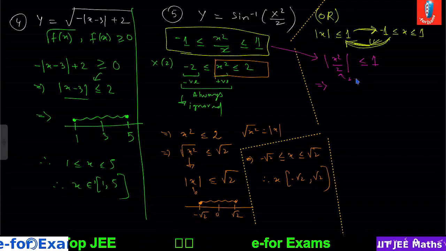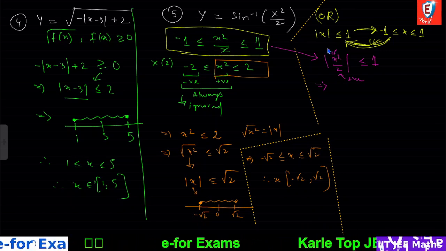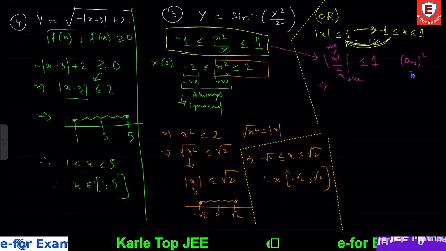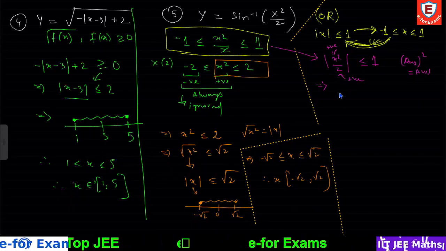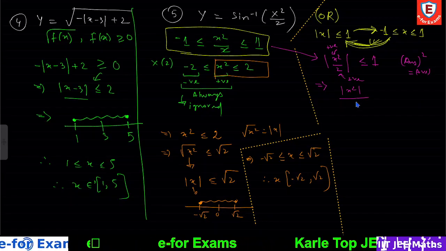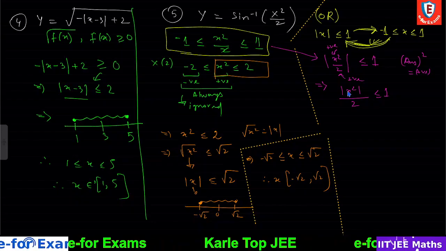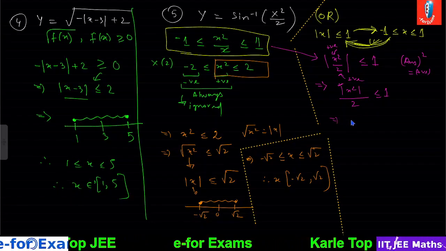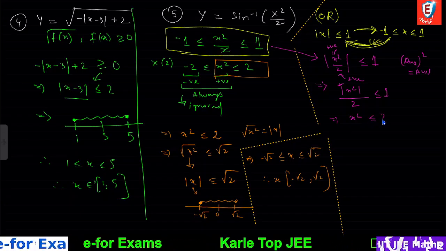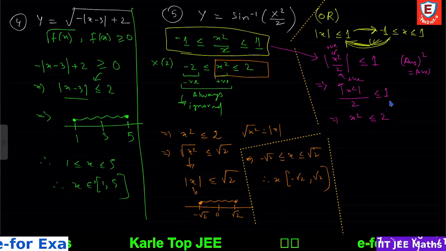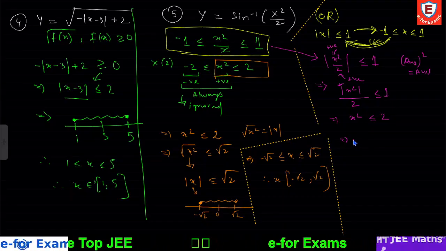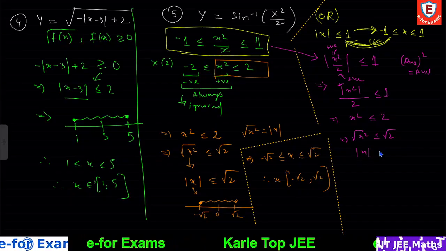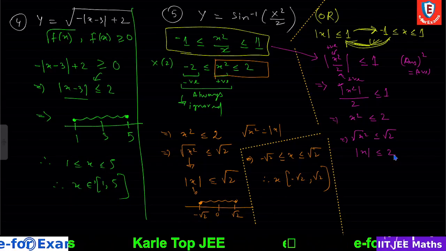Here, see, this is positive, and inside this mod is positive. Why? Anything squared is always a positive value. So x squared by 2 is positive, so we can remove the mod here because x squared itself is positive. So x squared is less than or equal to 2, cross multiply, right? Take root: x squared less than or equal to root 2.